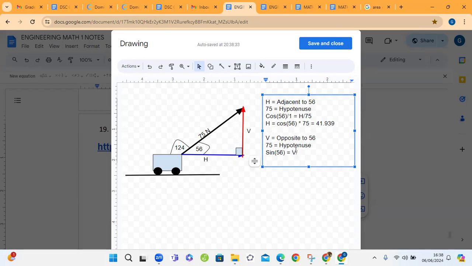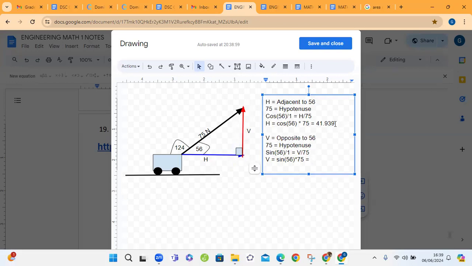Divided by the hypotenuse, which is 75. Then we cross multiply. V times 1 is V, is equal to sine 56, agreed? Multiply to the 75, and that will give us how much?